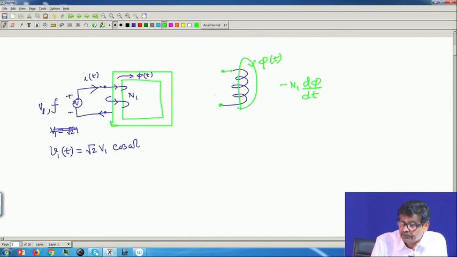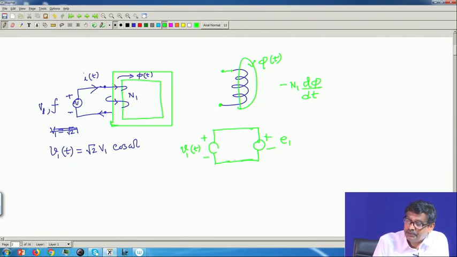For example, this coil can be modeled like this: here is your AC supply, V 1 t, which I have applied. Then across this coil, if I neglect the resistance of the coil, there appears another source here, and that induced voltage is E 1.